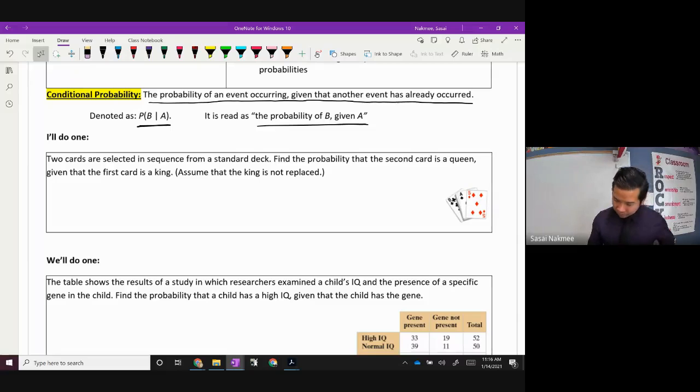Hold on. I should have had this ready. Where is my deck of cards? Are you over here? No. No, you're not it either. No, that's not it. You're a pen.